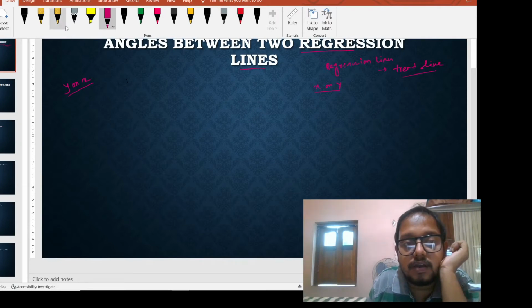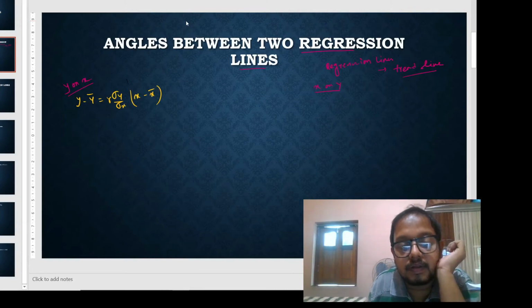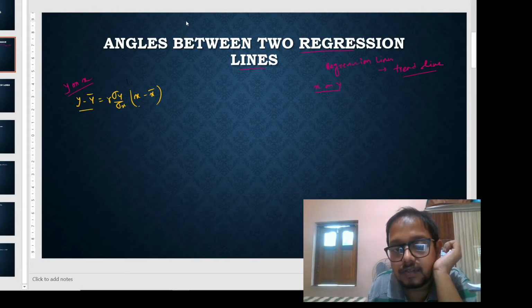The regression line y on x is y minus y bar equal to r sigma y by sigma x into x minus x bar. Here y depends on x. And x on y means the regression line is of the form x minus x bar equal to r sigma x by sigma y into y minus y bar.